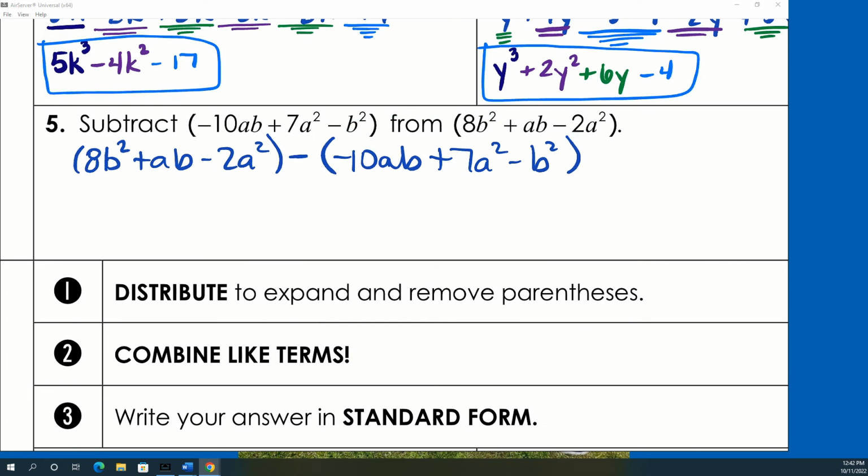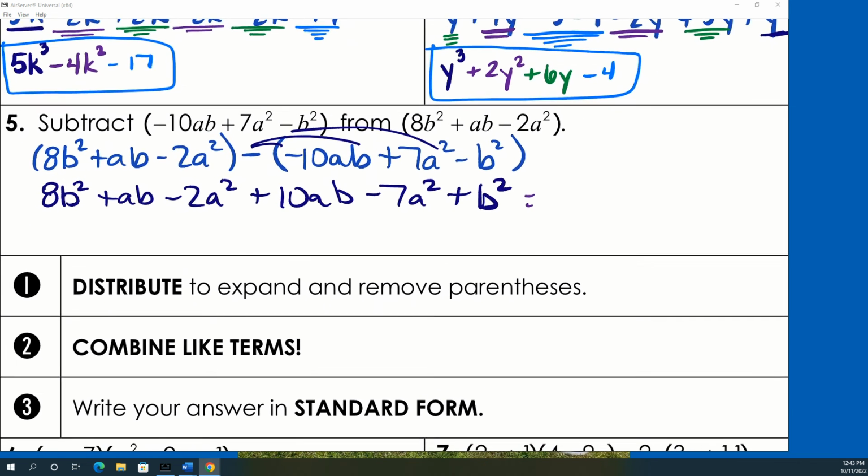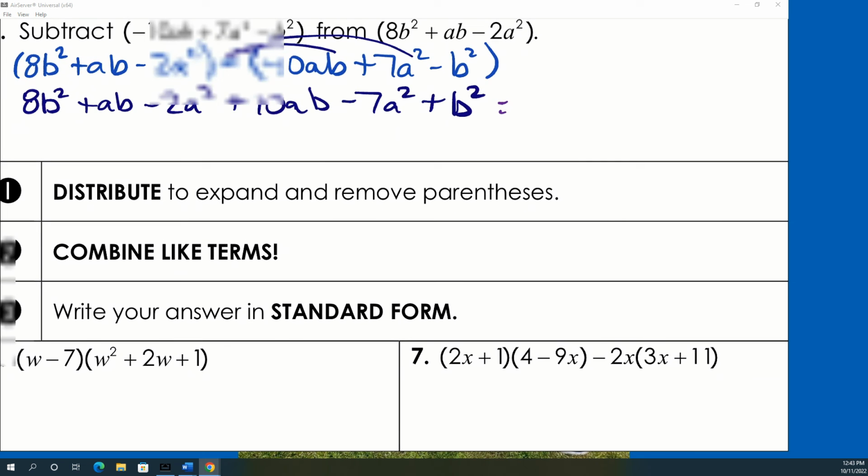All right, so just like those other ones, I'm going to distribute that negative. So a minus 10 becomes a positive, and a positive 7 becomes a negative, and then a negative b becomes a positive. All right, you guys go ahead and combine the like terms on your own on this one, please. And don't worry about writing it in any order. When there's two variables, it's hard to understand the right order.